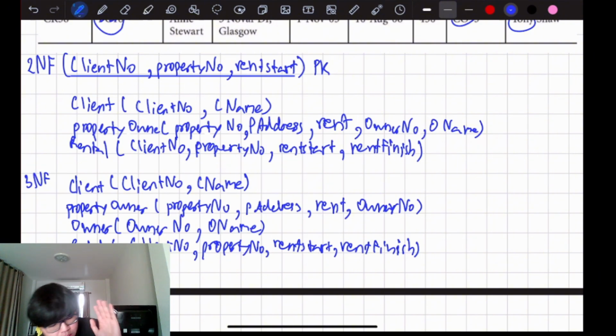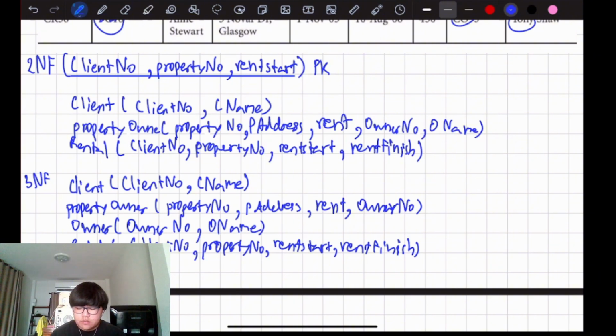The rental table does not have a transitive dependency because client number can tell rent start, but rent start cannot tell rent finish. And client number can tell property number, and property number can tell client number too. Property number can tell rent start, and rent start can tell property number too. But rent start cannot tell rent finish. So it doesn't have a transitive dependency.